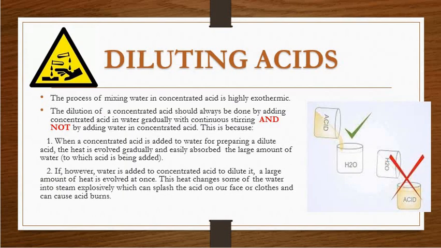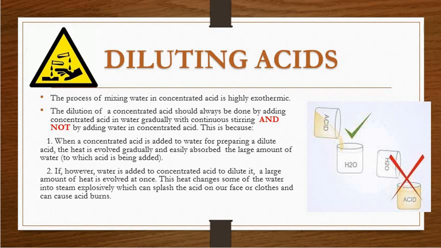Now, the next thing is how we are going to convert concentrated acid into dilute acid. The process of mixing water and concentrated acid is highly exothermic. Whether you are mixing water in acid or acid in water, the chemical reaction is highly exothermic.